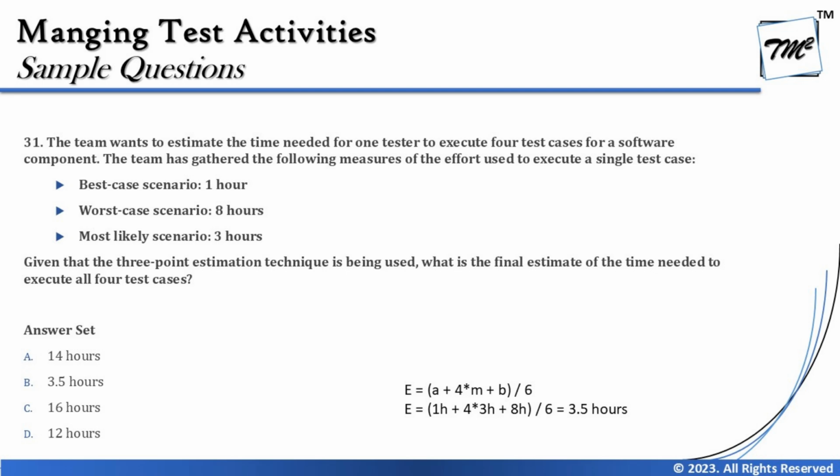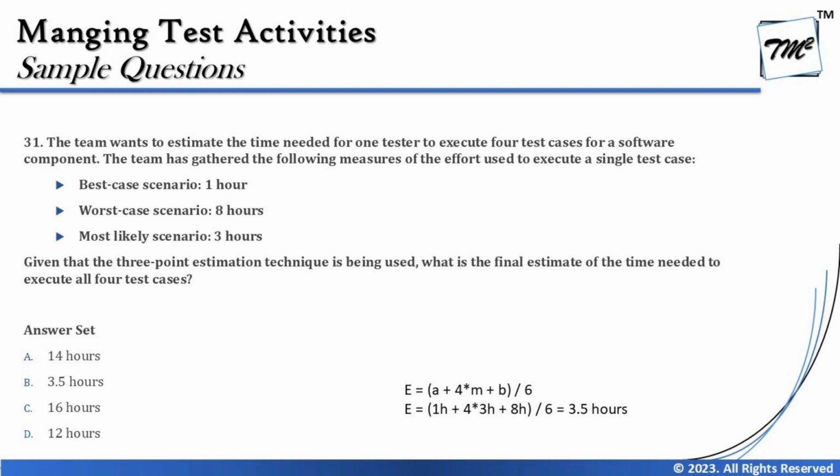But what is the catch? The most important catch of this question is to look at the crazy options. Option A is 14 hours, option B is 3.5 hours, C is 16, and D is 12. If you see the catchiness here, B is 3.5 hours, what we have calculated. But mind it, the question was about estimating the 4 test cases.